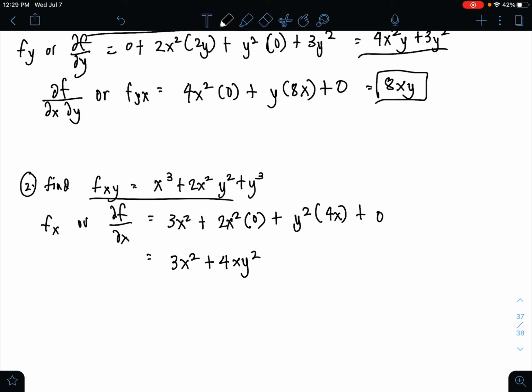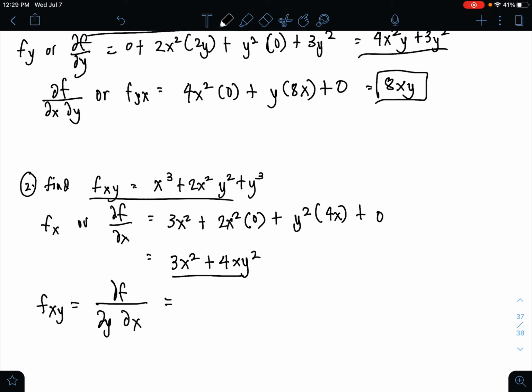Okay, now derive this one with respect to y na po. So, df over dx with respect to y. Ay, tama ba? fx of y. Mali. So, derive na to siya with respect to y. No? So, kani siya is fxy.